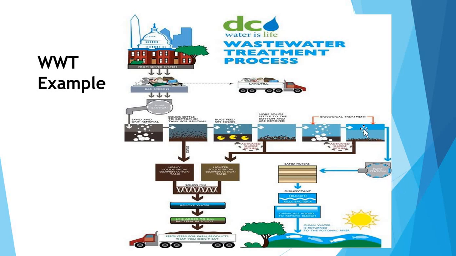And here the clear water will be pumped, and there may be sand filters used for the tertiary treatment process, and then the water is disinfected, and the water can be reused or disposed of in a different environment.